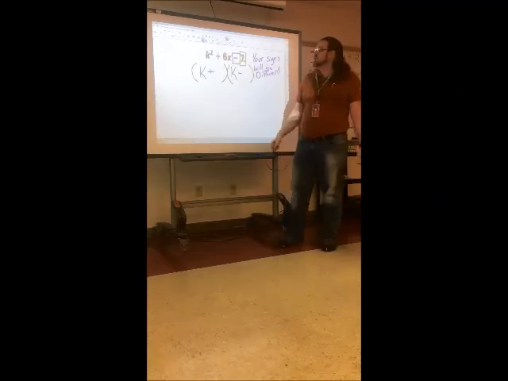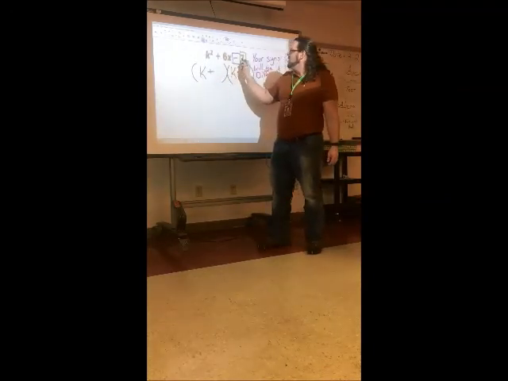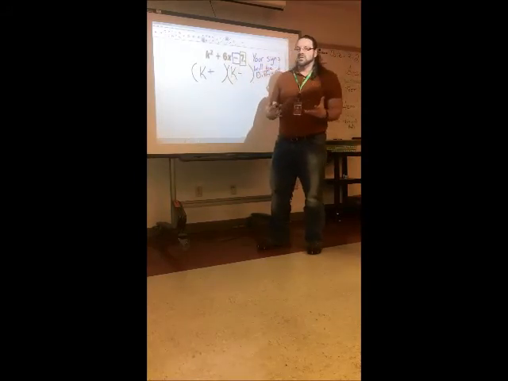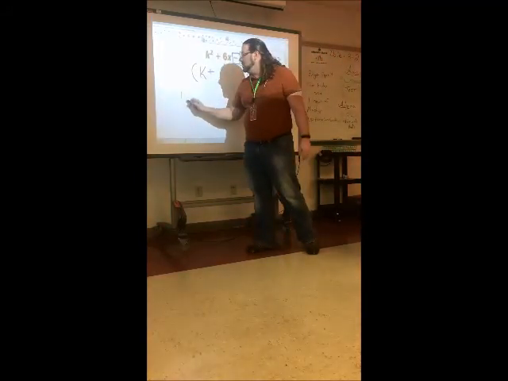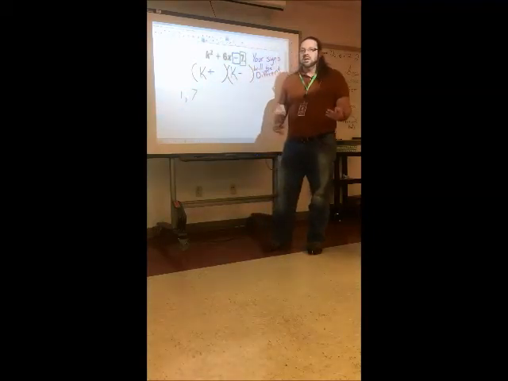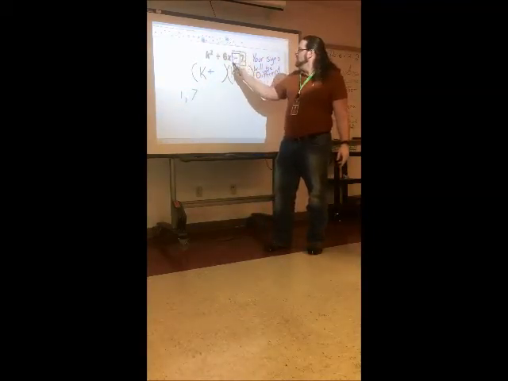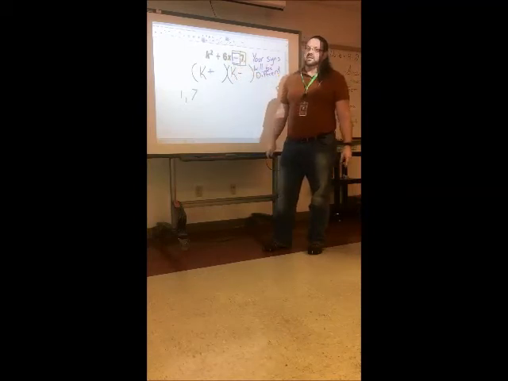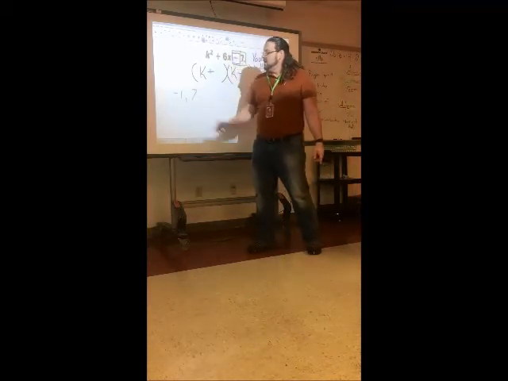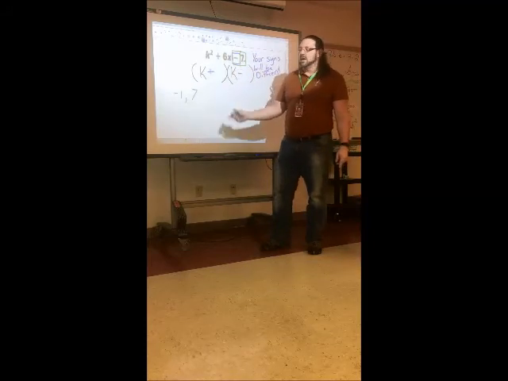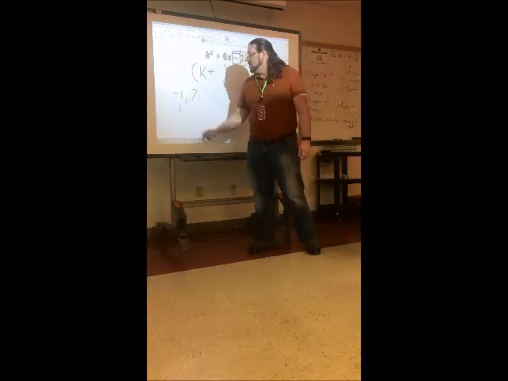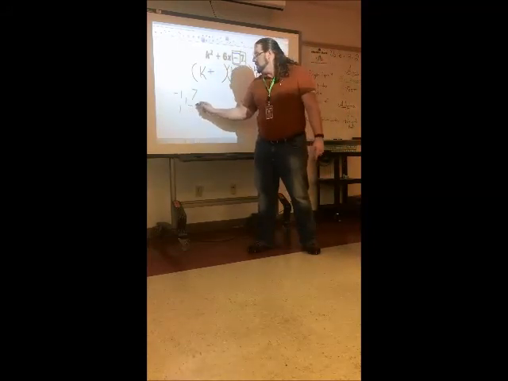Okay. So we have to ask ourselves, what are my factors of -7? Well, it's just 1 and 7, right? That would be incorrect. It's a -7. So my factors could be -1 and 7, or it could be 1 and -7.